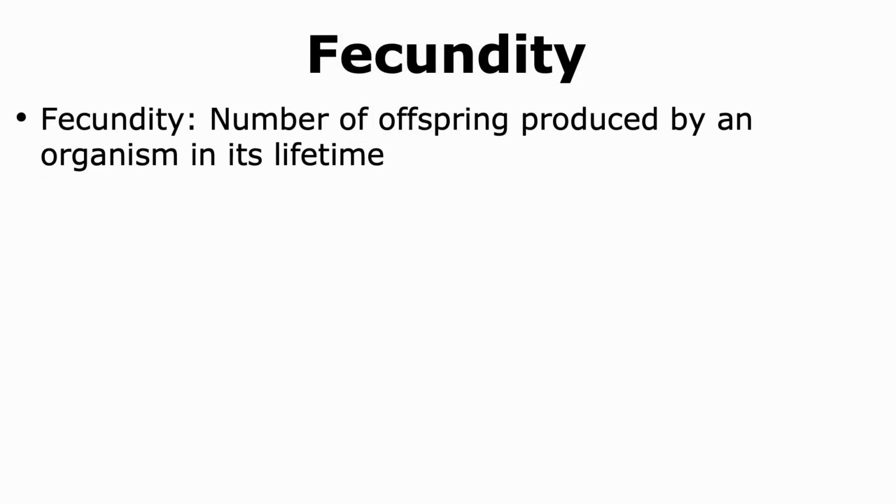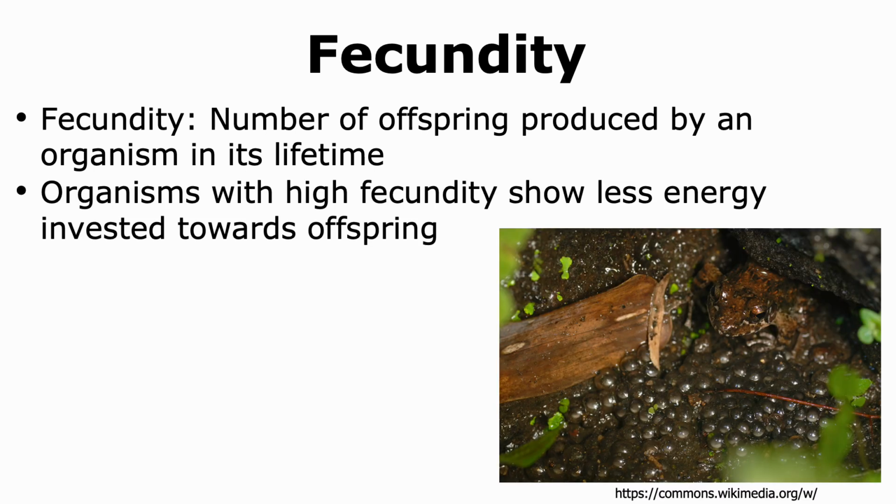Each organism has a theoretical number of offspring that it can produce in its lifetime. This corresponds to the fecundity of the organism. Organisms that have a high fecundity tend to invest low energy towards their offspring.